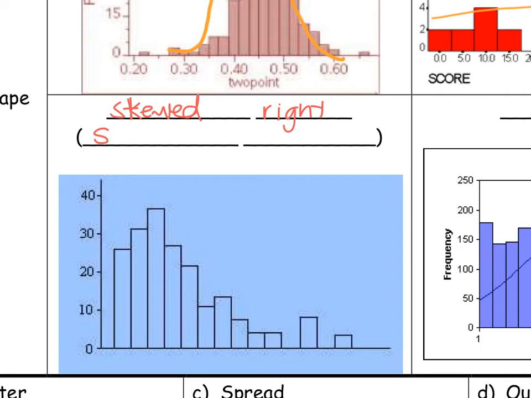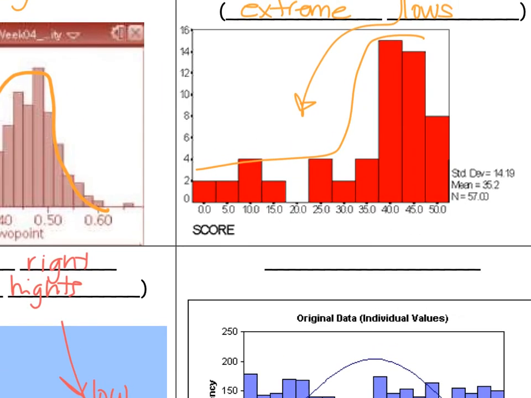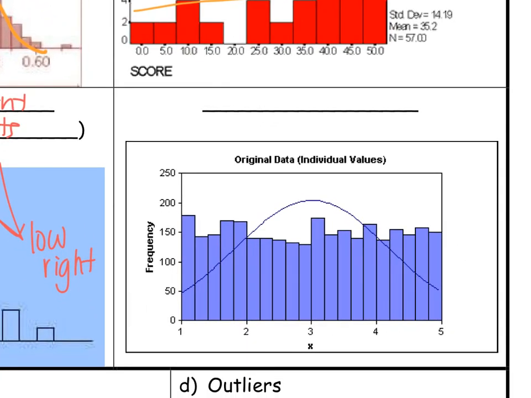And that means that it has extreme high values. And the high values are right here. So this one has low on the right and high on the left. And lastly, we have this graph here, which is uniform. It's pretty much the same height from beginning to end.